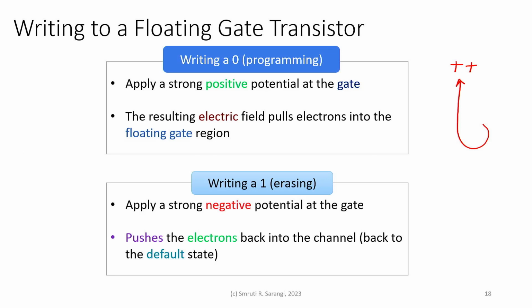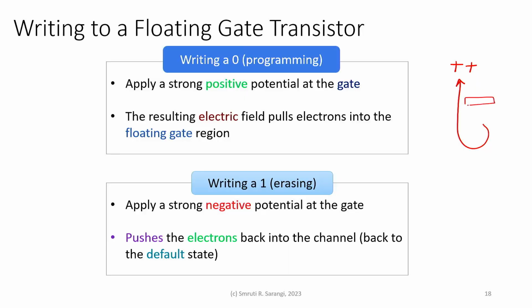So the resulting electric field will of course pull electrons up, but finally, the electric field at one point will also kind of oppose electrons, so it will have a repulsive force where it will repel electrons downwards, but some equilibrium will be set up. But the end result, or the long and short of the entire discussion, is that in the floating gate we will have electrons which are stuck.